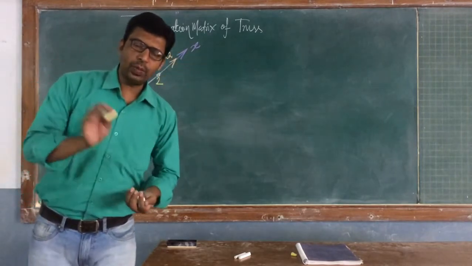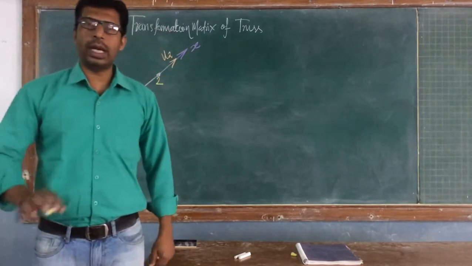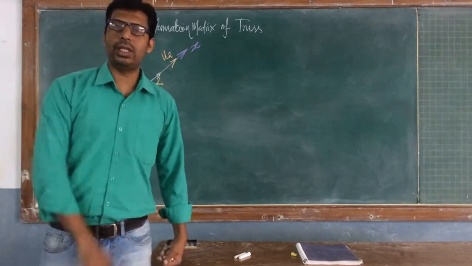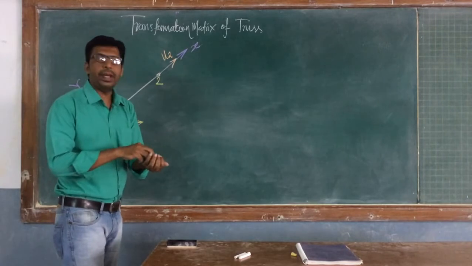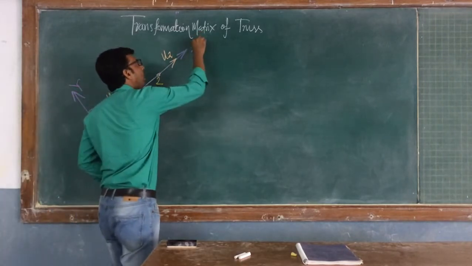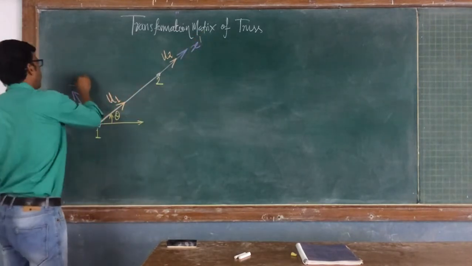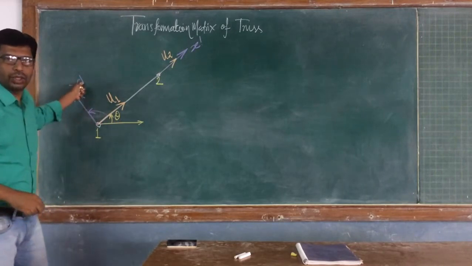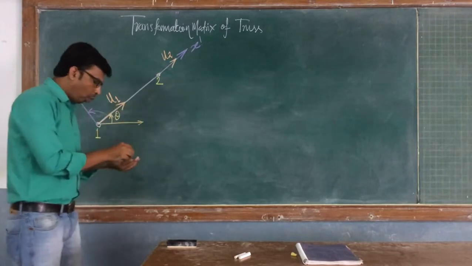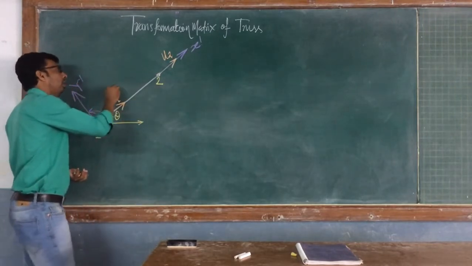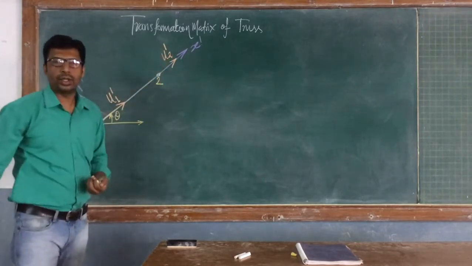Now to make the difference between local and global unknowns and coordinate systems, let's change this slightly. Let the local coordinate system be represented by x dash, y dash. So dash represents the local, then u1 dash, u2 dash.